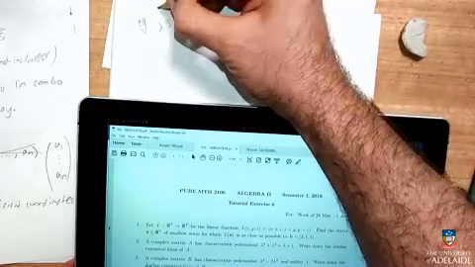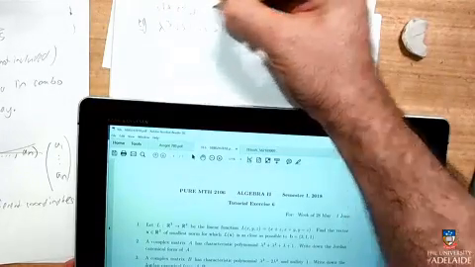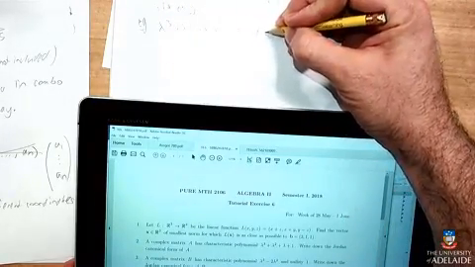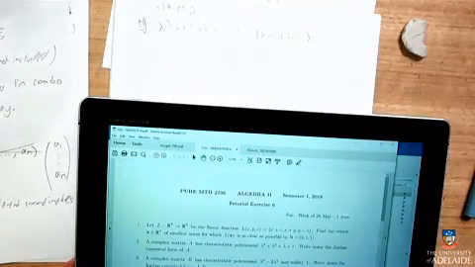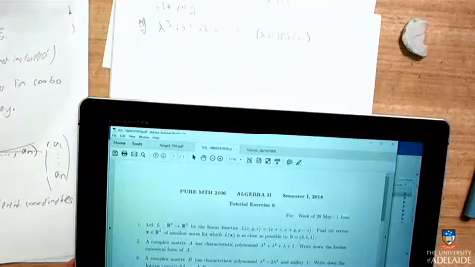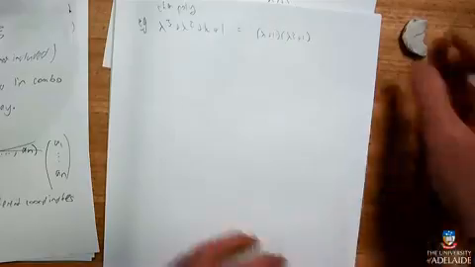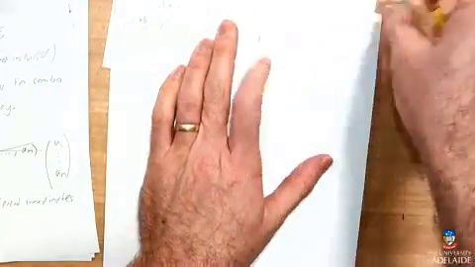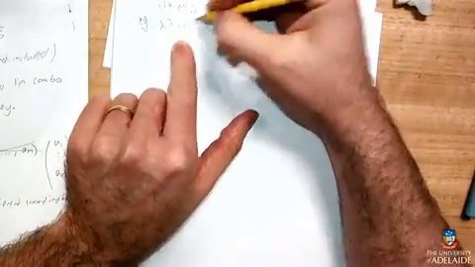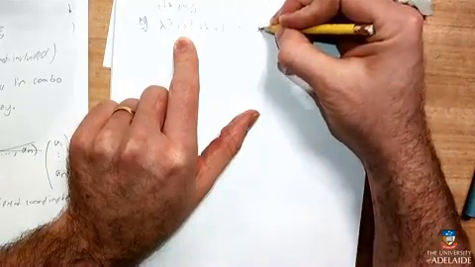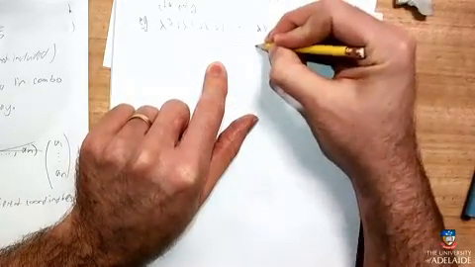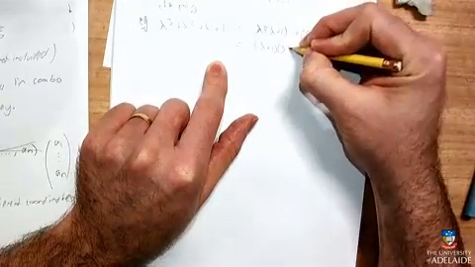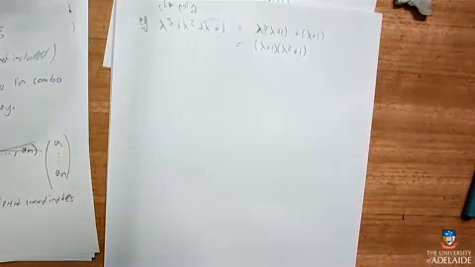I'm just checking something. That's lambda plus 1 times lambda squared plus 1. I might just do that in smaller steps. There's a lambda plus 1 there, and if I pulled a lambda squared out of this bit, it would have a lambda plus 1 as well. Cool.